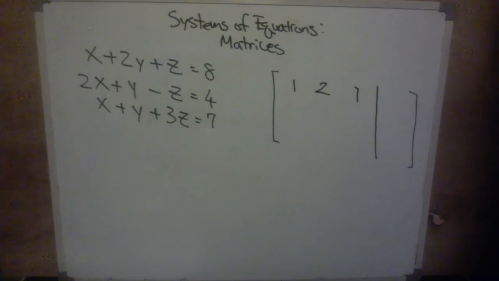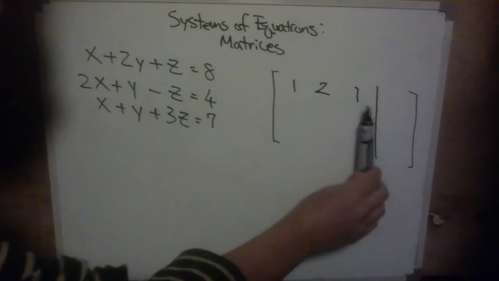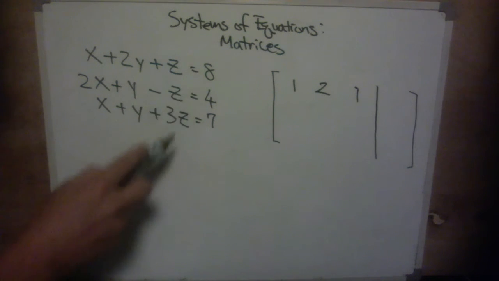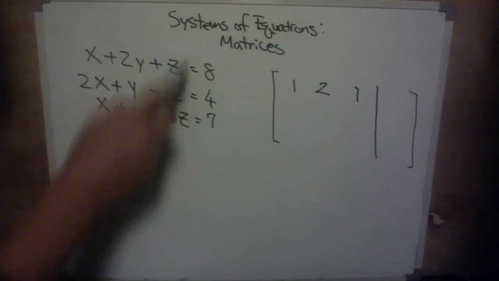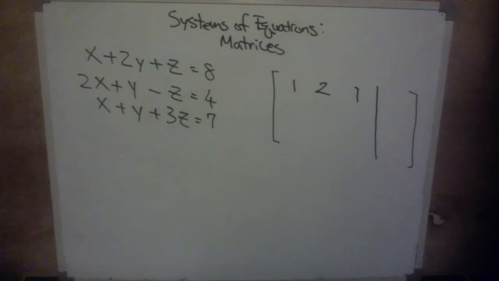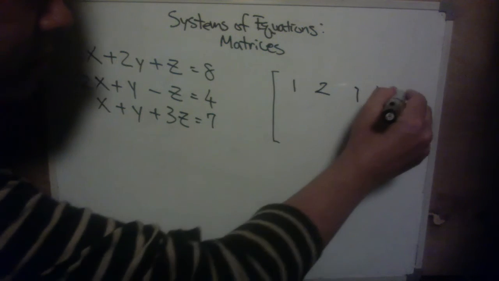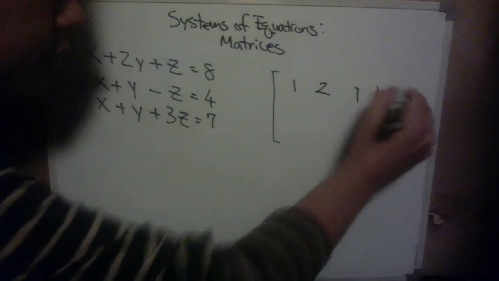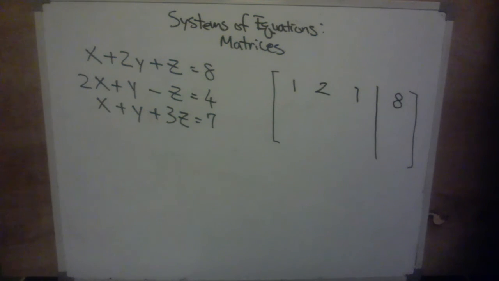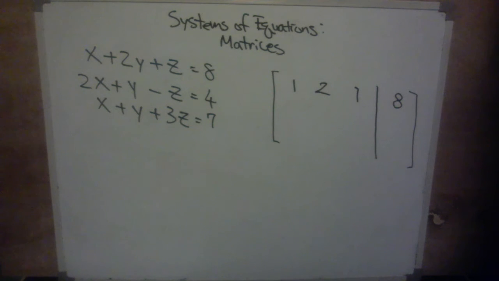On the other side of this vertical line, I'm going to write all the constants, or the solutions, as it were. So it's 8, and I'm going to write 8 right here. That's the first row of the matrix.